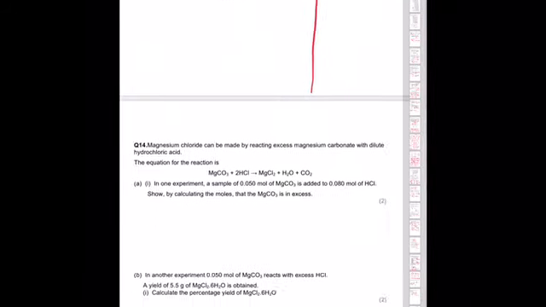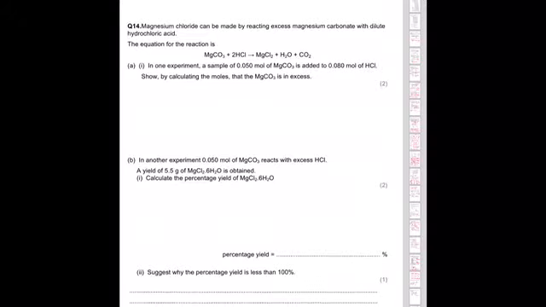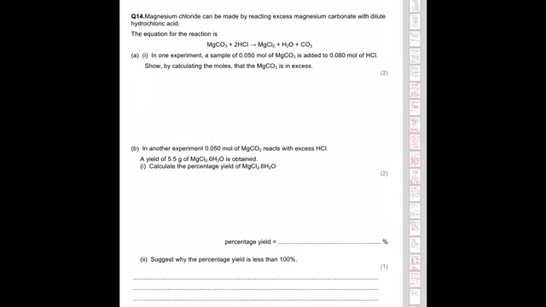Don't worry about that line there. Right, last one here. In one experiment, so you've got 0.5 moles of magnesium carbonate and you've got 0.08 moles of hydrochloric acid. The key here is to use the ratio in the equation. Okay, so let's just put down a key bit of information. Show by calculating the moles that magnesium carbonate is in excess.